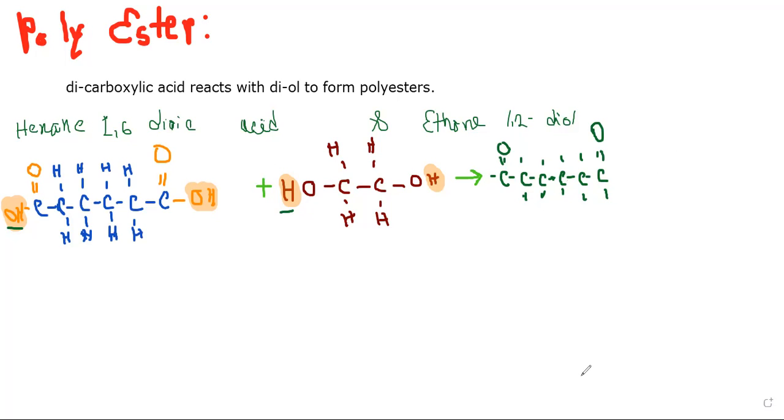We attach the other reactant, ethane 1,2-diol, removing the H from both sides. So we get O, oxygen, starting from the oxygen as we remove the H, then O, C, C, one more O, and all the H.